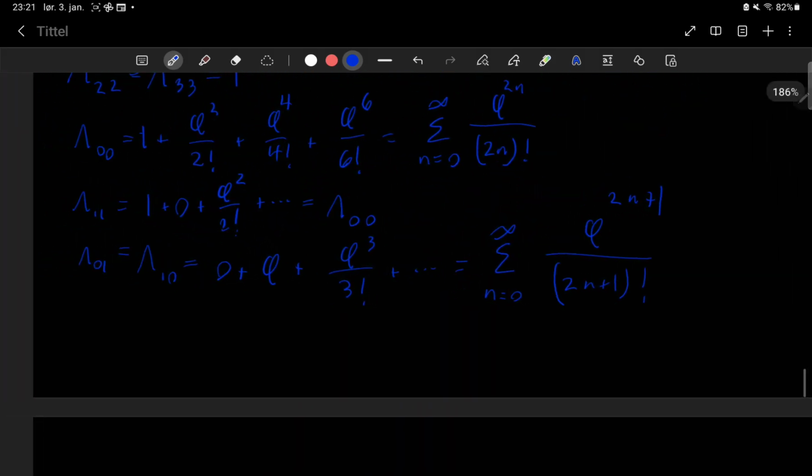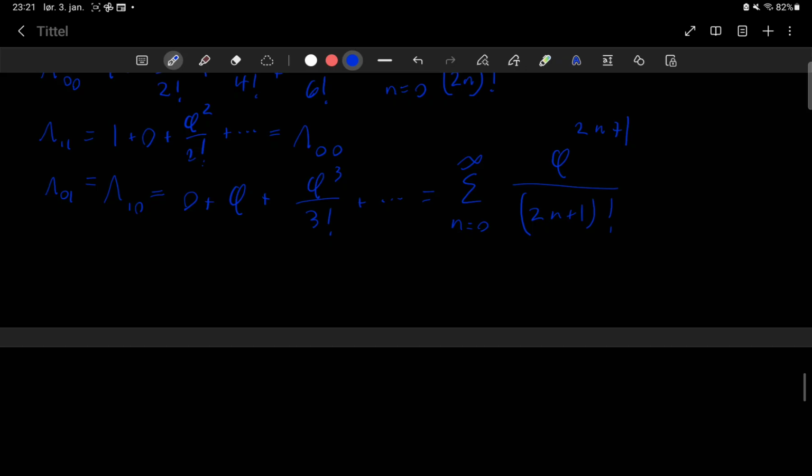Now I expect sinh and cosh to show up, as I said. Sinh of phi is 1/2 times e to the phi minus e to the negative phi.